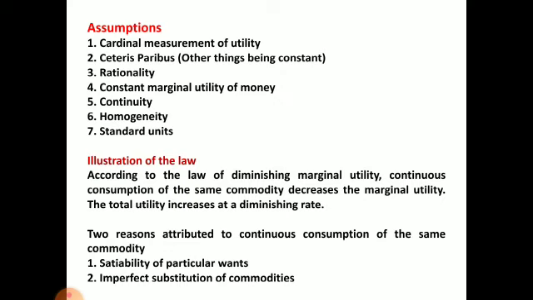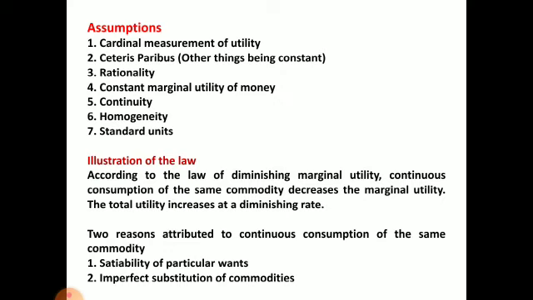When you say homogeneity, it means the products should be identical. The law operates only when the units of consumption are homogeneous or identical. Homogeneity implies similarities in quality, size, color, flavor, taste, appearance, and so on.